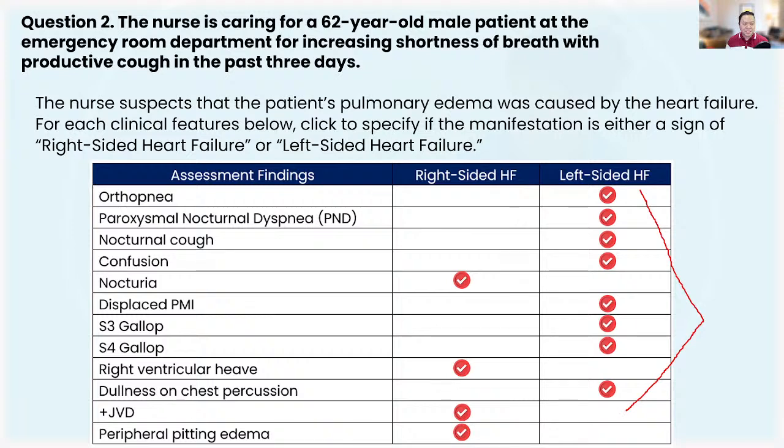Orthopnea, paroxysmal nocturnal dyspnea, nocturnal cough. There's also dullness in the chest percussion. There's also confusion. And on top of that, we got the abnormal heart sounds as well, the S3 and the S4, and the displaced point of maximum impulse because of the dilation of the left ventricle.